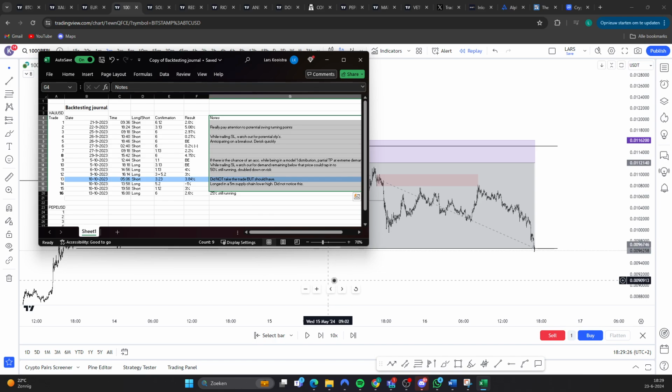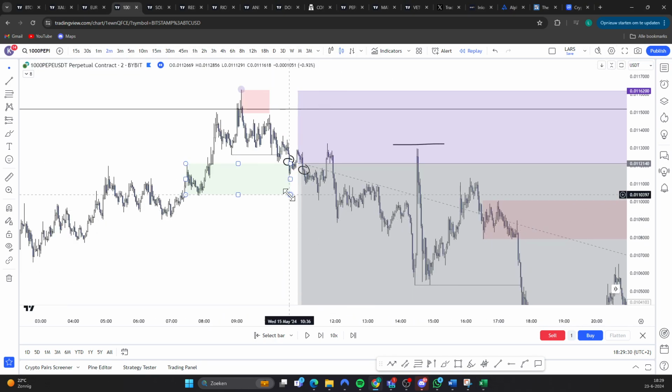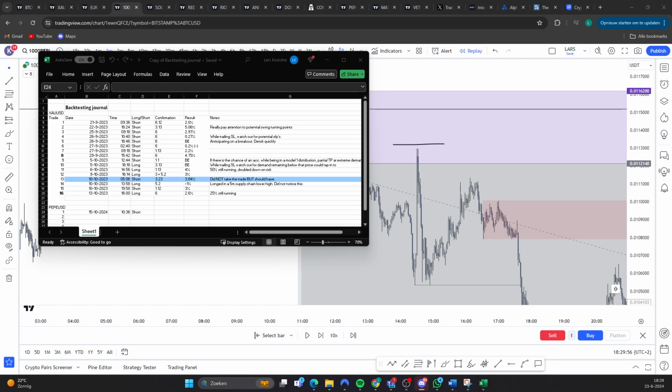On Pepe. Let me zoom in first. 15th of May, 10:36, 2024. We went short. The entry confirmation, let me grab that also really quickly.